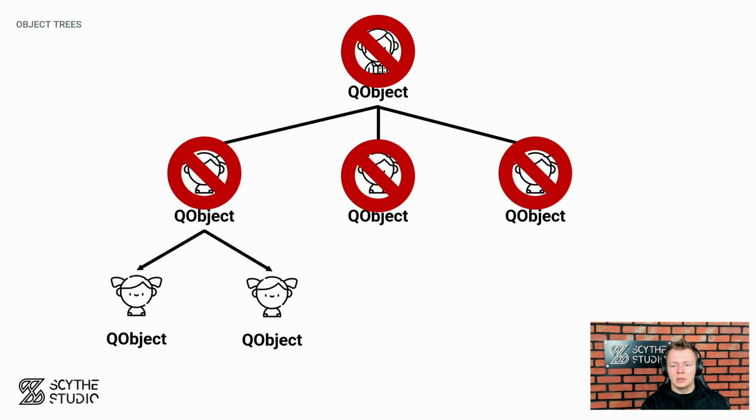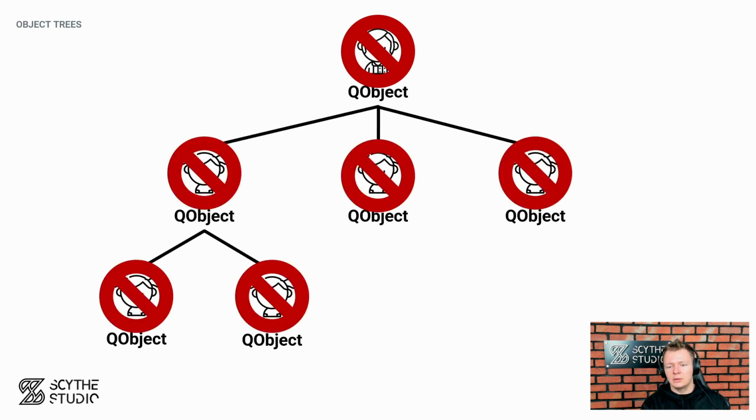Then the children deallocate their children and so on. Effectively, this operation removes the entire branch of the object tree under the deallocated parent. You could say that a parent dying takes its children with it to the grave. This is not very responsible behavior for a parent, but this is how it works in Qt.